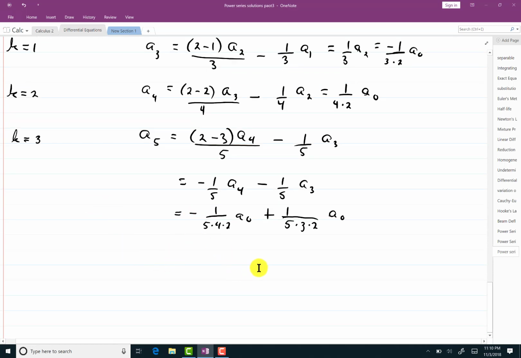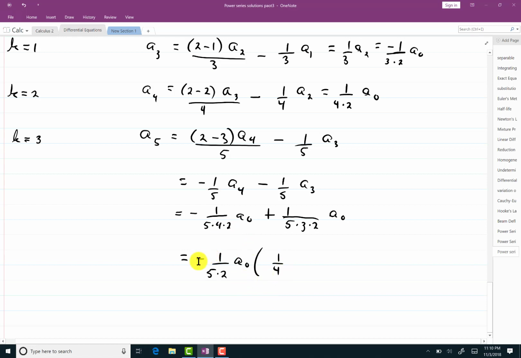Now, when trying to simplify this, what I'm going to do is factor out the 1/5 and the 1/2, a negative even. So I'm going to do a negative 1 over 5 times 2 a sub 0. And what that will leave me with is 1/4, since I took out a negative here, minus 1/3.